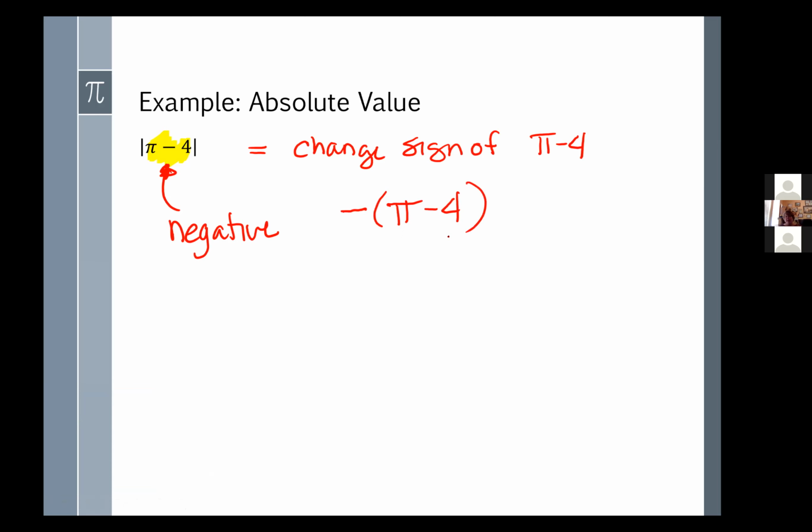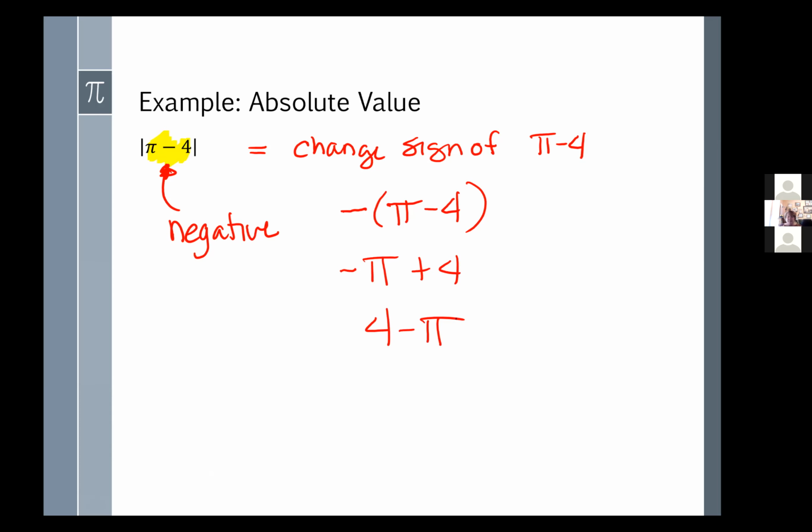So since pi minus 4 is negative, how do you take the absolute value of it? You change its sign. How do you change its sign in mathematics? You put a negative in front of it. So now when you distribute that negative across, the absolute value of pi minus 4 is 4 minus pi, because 4 minus pi is positive.